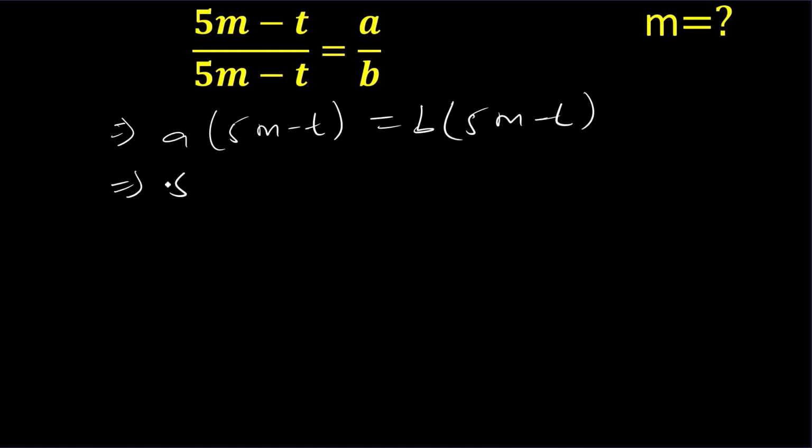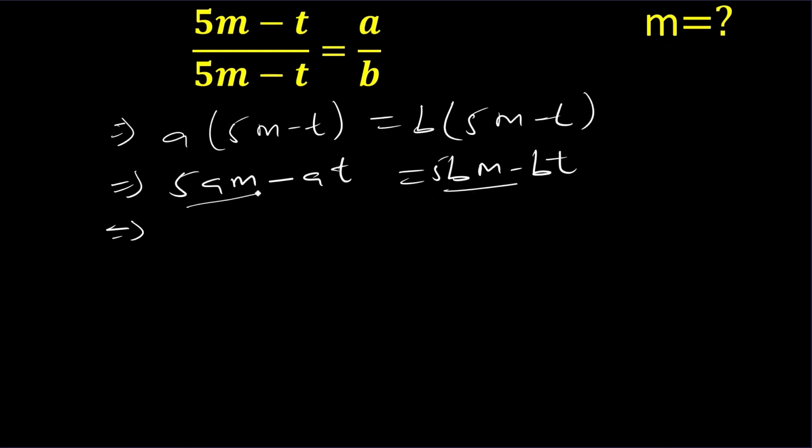So this one will be 5am minus 8t, and we have 5bm minus bt. Okay, so let's focus on where m is. We have one here, one there. So let's group them on one side. So 5am minus 5bm, and this one will be at minus bt on my right.